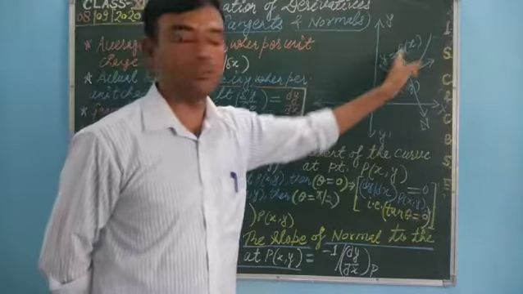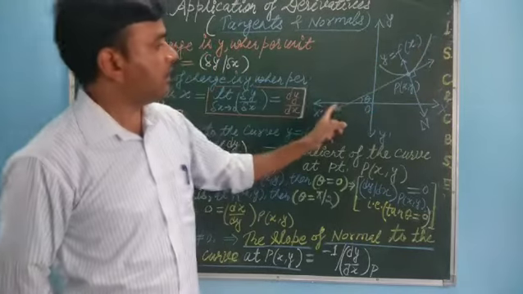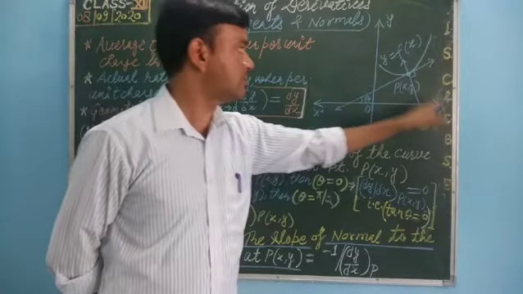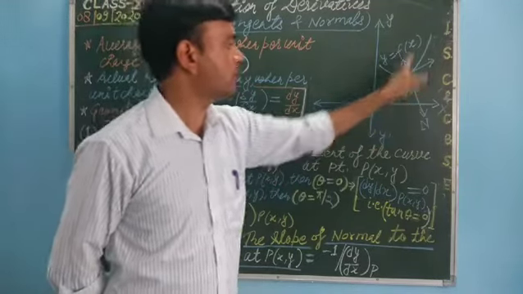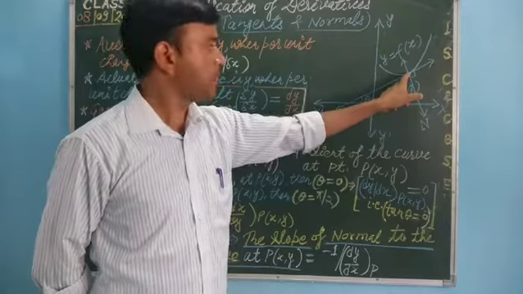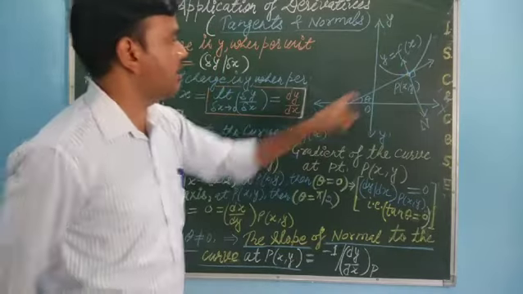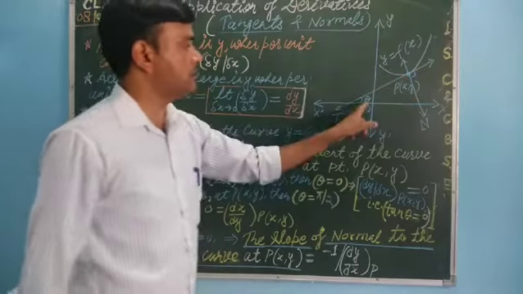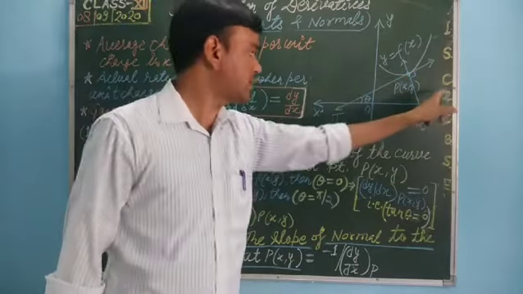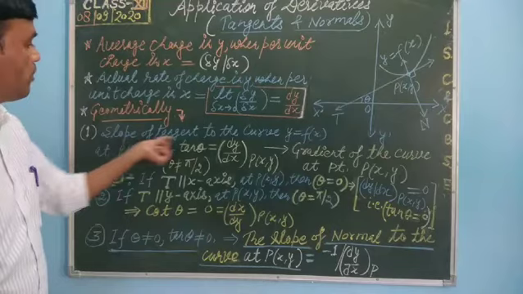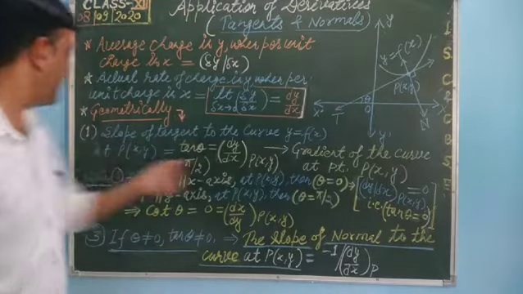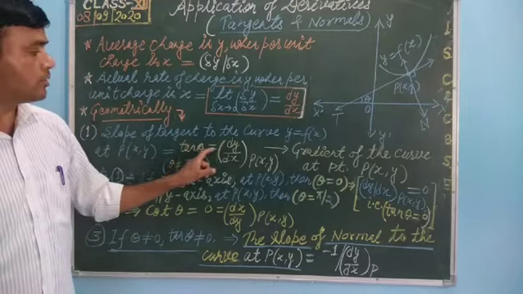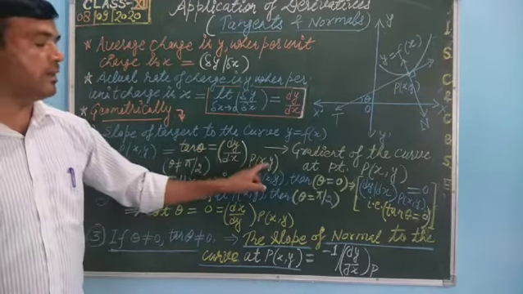Let we have a curve y is equal to f(x) given, and a line which is making theta degree angle with the positive direction of x-axis, touching the curve y is equal to f(x) at point P(x, y). So this line is called the tangent to the curve at point P. Then the slope of the tangent to the curve y is equal to f(x) at point P(x, y) is given by tan theta is equal to dy upon dx at point P(x, y).